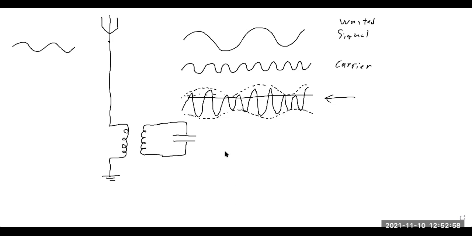FM signals are a little bit more complicated. Instead of varying the amplitude or the size of the wave to match your desired signal, they vary the frequency of the wave.